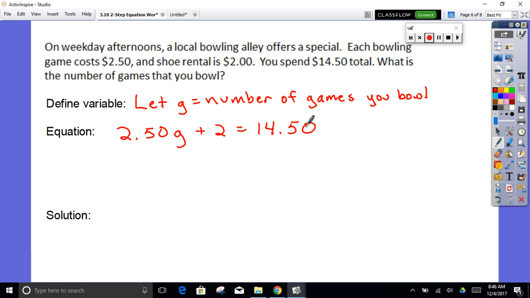Okay, Pat, tell us how to solve the equation. I did minus 2, and then I did divide. Okay, let's do that. So you ended up with? 12.5. Okay, and then what? And then I divided by 2.5.